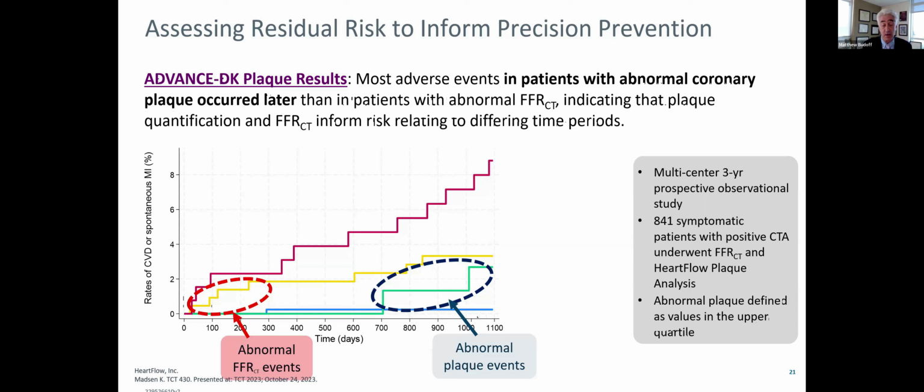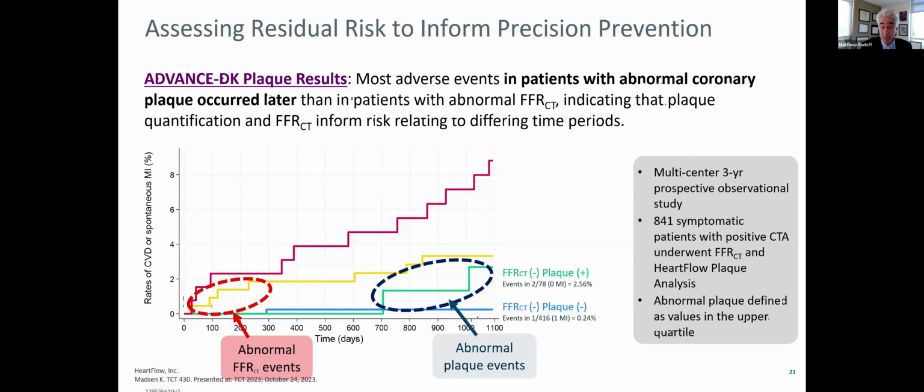We can act early on the abnormal FFR-CT and hopefully revascularize these patients. I'll show you a study looking at complete versus incomplete revascularization. And then if they have plaque, we can address that for long-term consequences and progression of disease that would lead to further cardiovascular events.